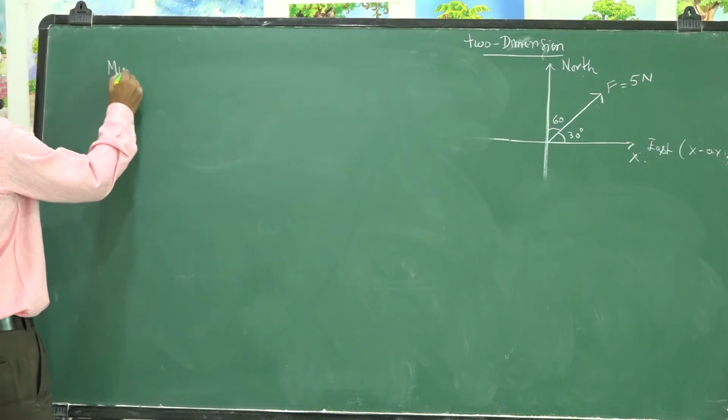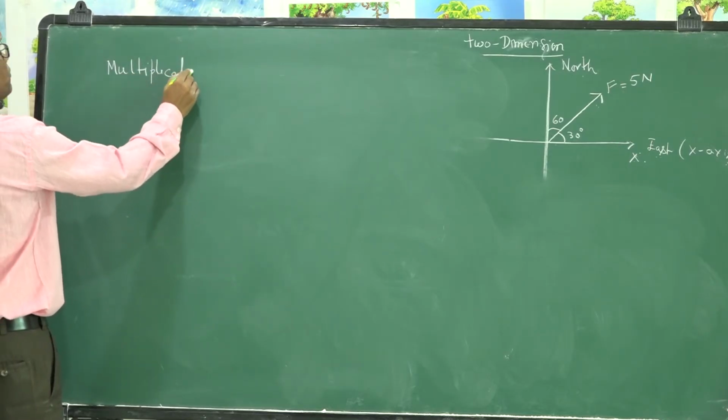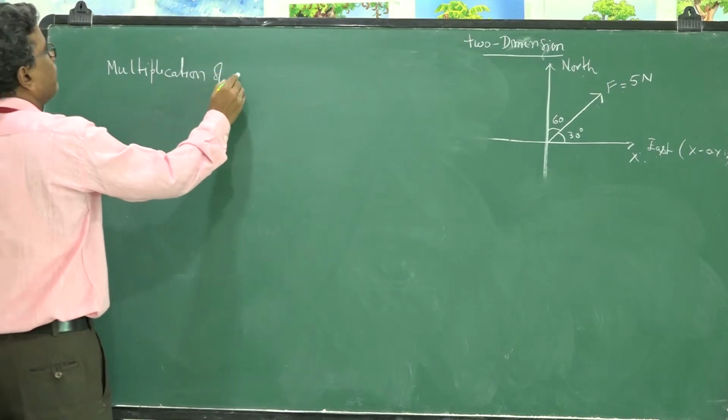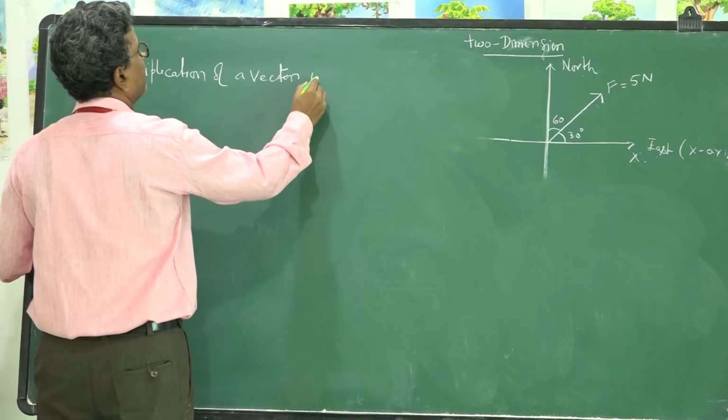Multiplication of a vector with a scalar.